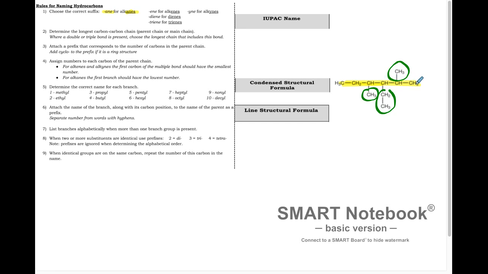So this is our longest carbon to carbon chain, 1, 2, 3, 4, 5, 6. So we have a 6 carbon main chain. 6 carbons is equal to hex. And because it's all single bonds, it's hexane.